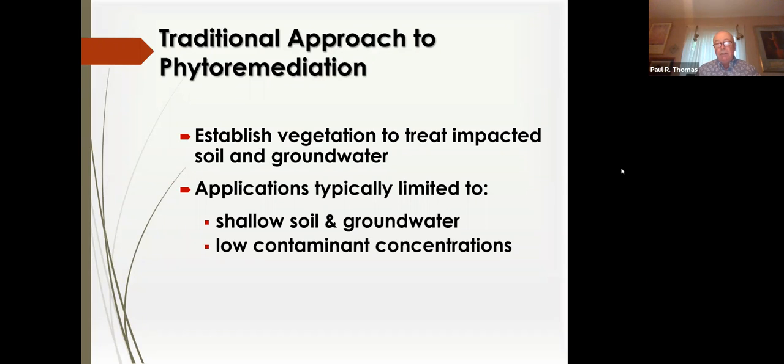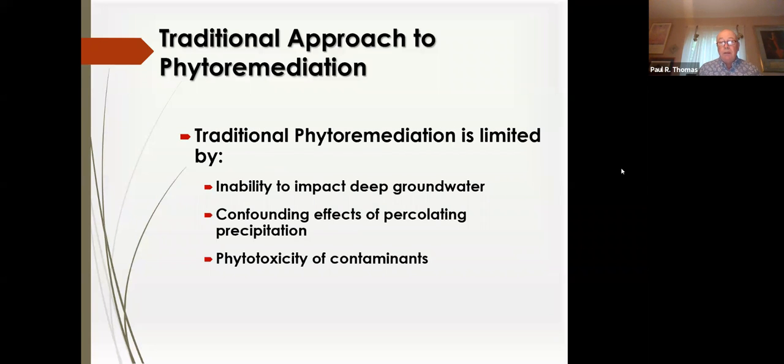So again, I'm using the term traditional phytoremediation here because that is a distinction between what was done in the past and what's still being done by a lot of practitioners, and what we did in moving away from those traditional approaches, primarily because of limitations on how deep we could go after groundwater and what kind of contaminant concentrations we could go after.